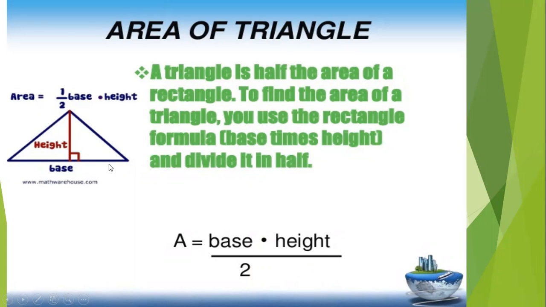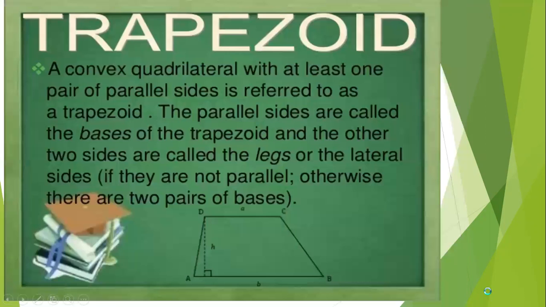The base is this length, where the other sides sit, and then the height is the vertical distance from the upper vertex meeting the base at an angle of 90 degrees. So the area is a half base multiplied by height, as you can see there.